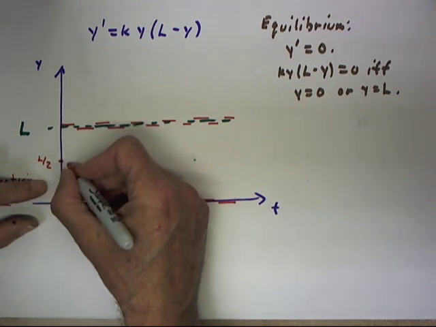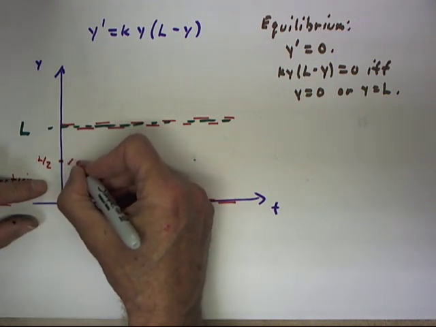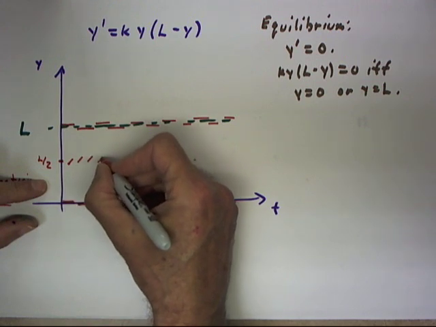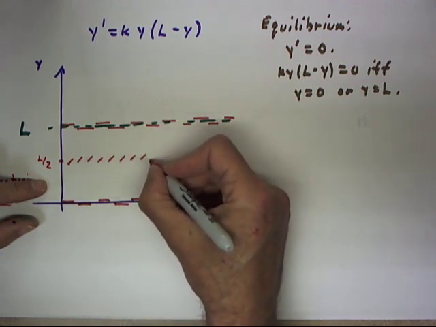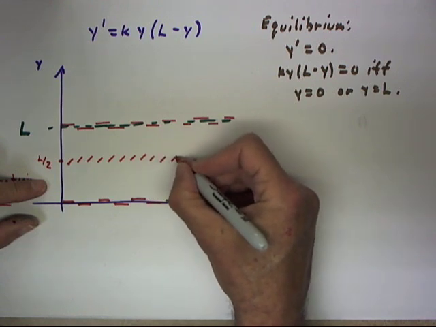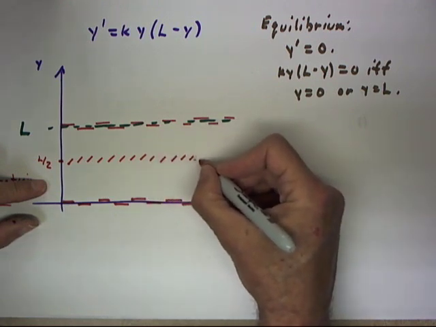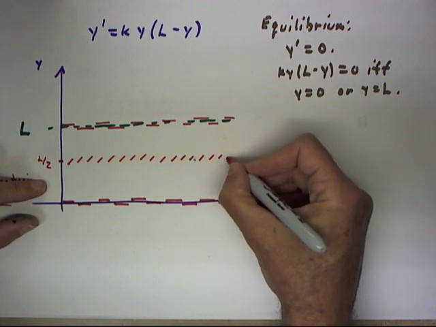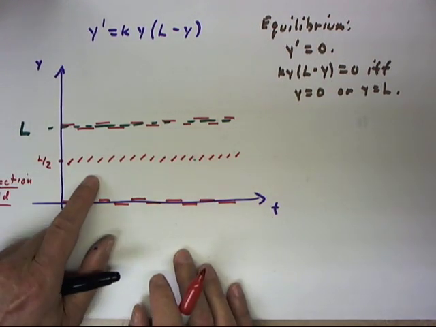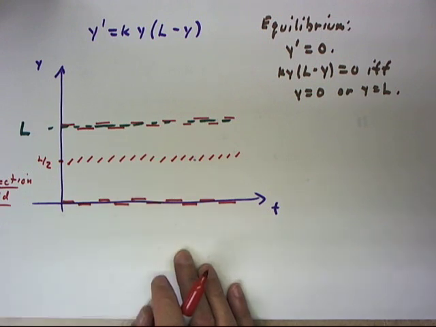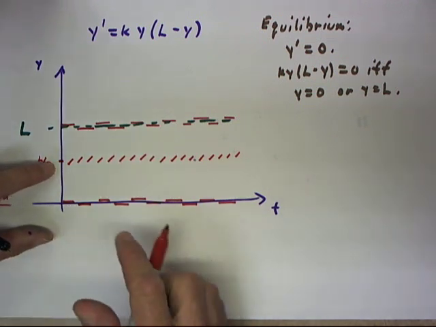And of course the actual slope depends on what k is. Here we'll just represent this by a line that appears to have a slope about 1, but the graph would be scaled so that this slope field would appear at this point to have slope 1.